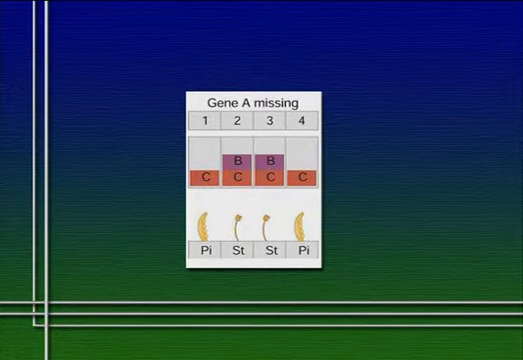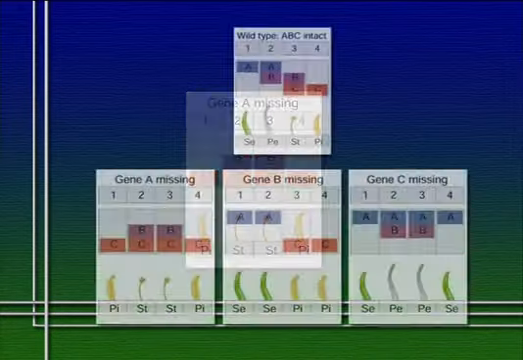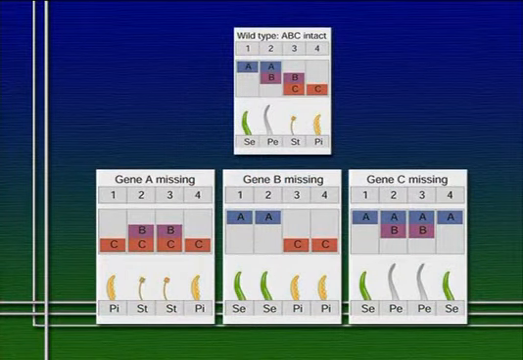What that means is that because gene C is produced in the outermost ring and in the innermost ring, and because gene C is responsible for the production of carpels, also known as pistils, then we would have these carpels on the outermost ring and the innermost ring, and now in the 2 middle rings, we would only have the production of stamens, because we now only have the expression of gene B and gene C. Similarly, we could go through different combinations of mutations and predict what kinds of organs you would expect to see in these mutant plants.